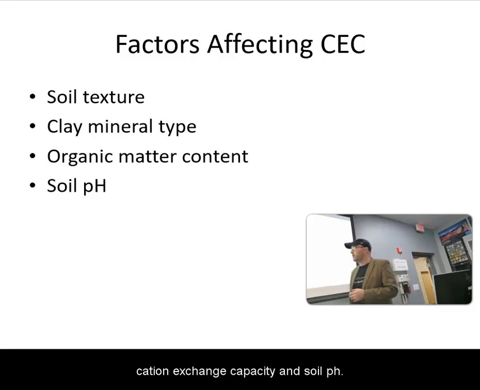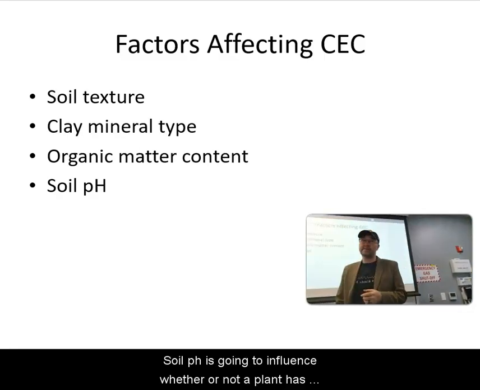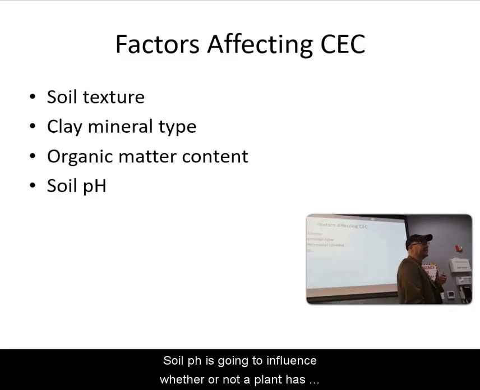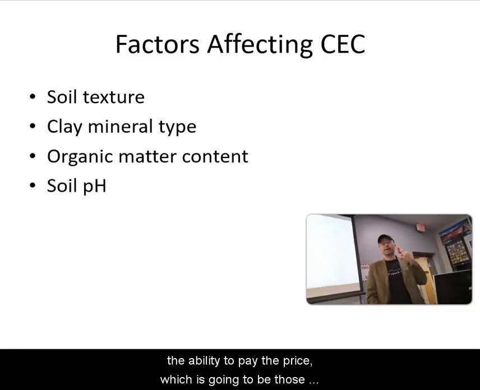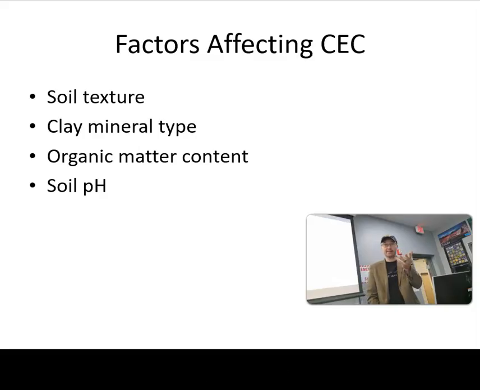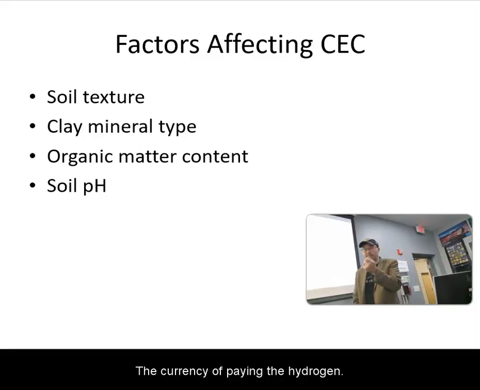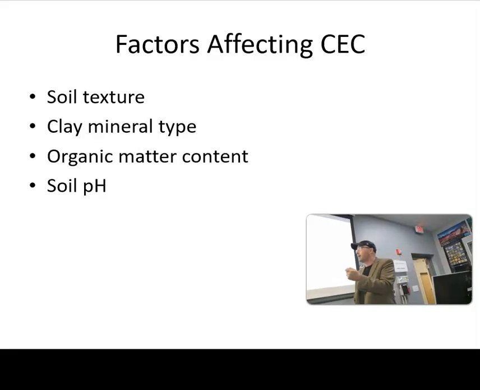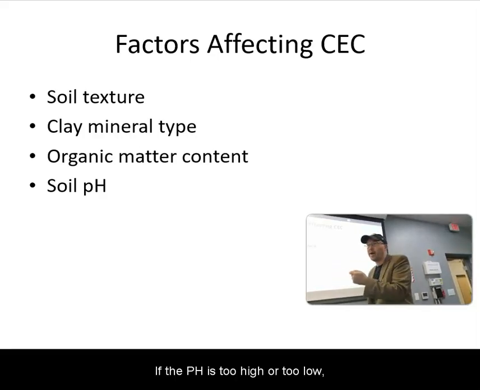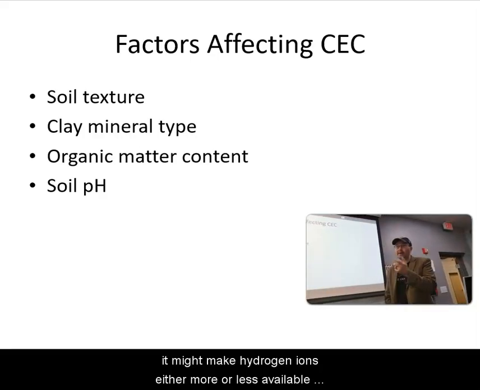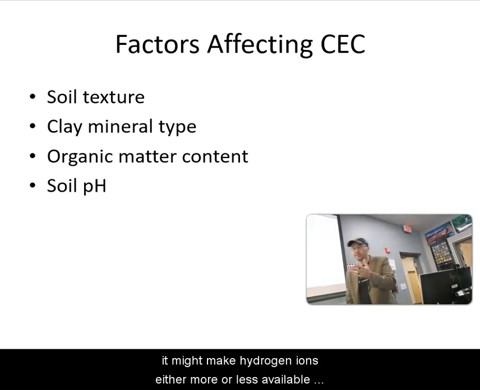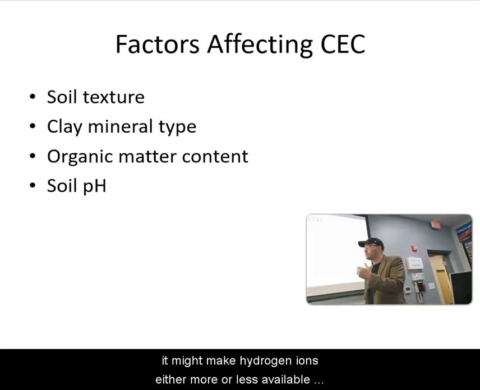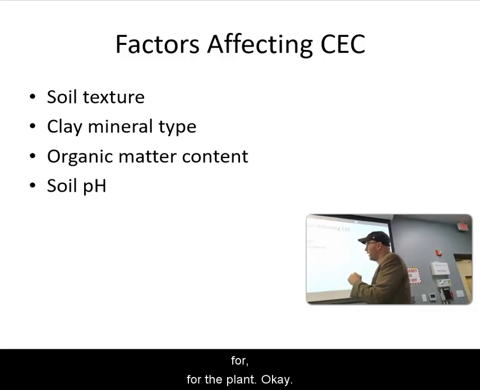And soil pH. Soil pH is going to influence whether or not a plant has the ability to pay the price, which is going to be those hydrogen cations, the currency of paying. If the pH is too high or too low, it might make hydrogen ions either more or less available for the plant.